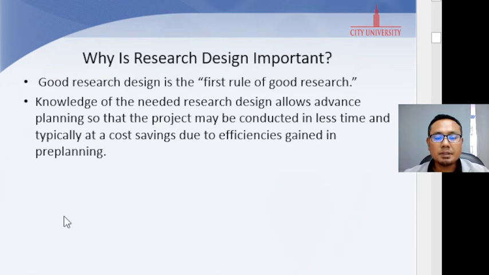It is important because good research design is the first rule of good research. Knowledge of the needed research design allows advanced planning so that the project may be conducted in less time and typically at a cost saving, due to efficiencies gained in pre-planning.